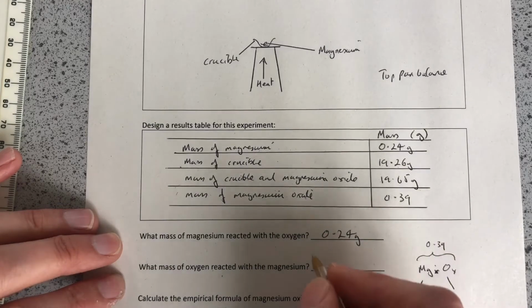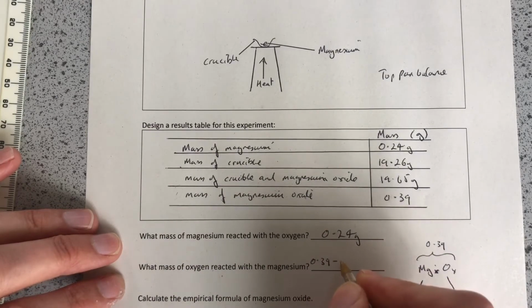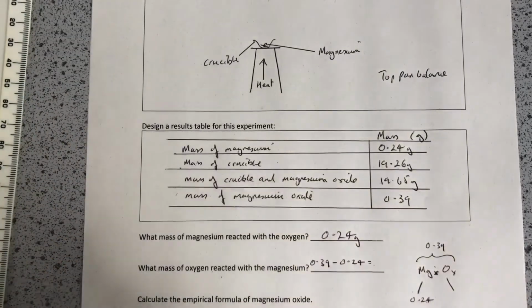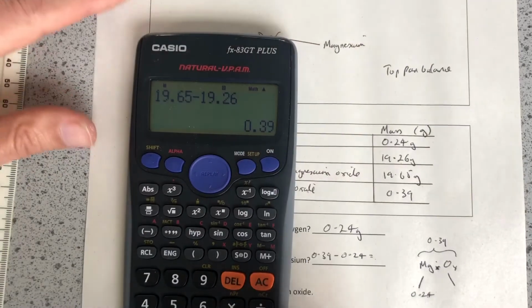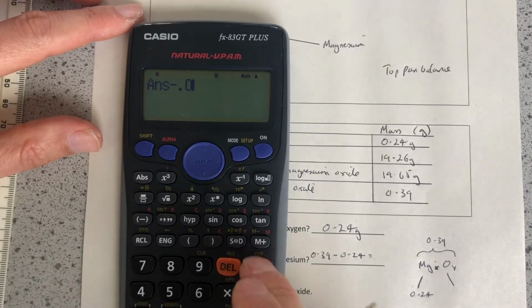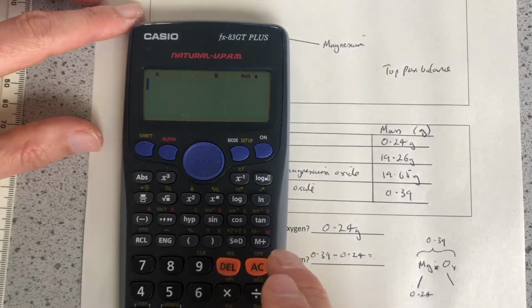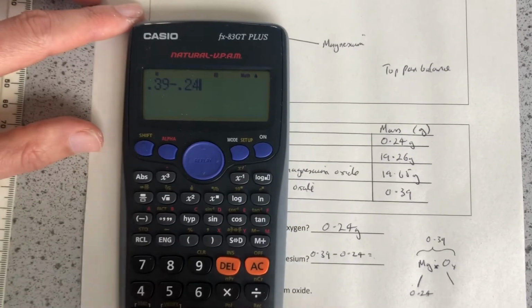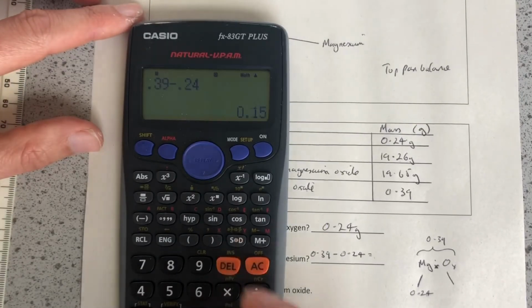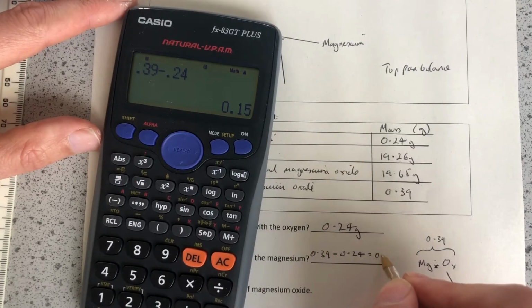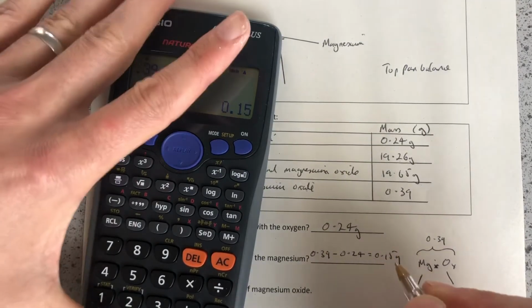So 0.39 minus 0.24 equals 0.15. So we've got 0.15 grams of oxygen.